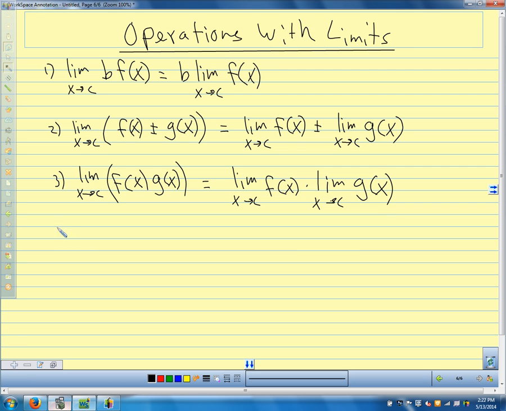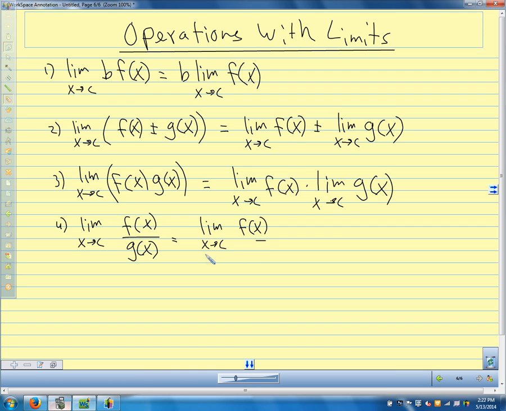And we can do the same thing with a quotient, as long as we're not dividing by 0. We want the limit as x approaches c of g of x not equal to 0.